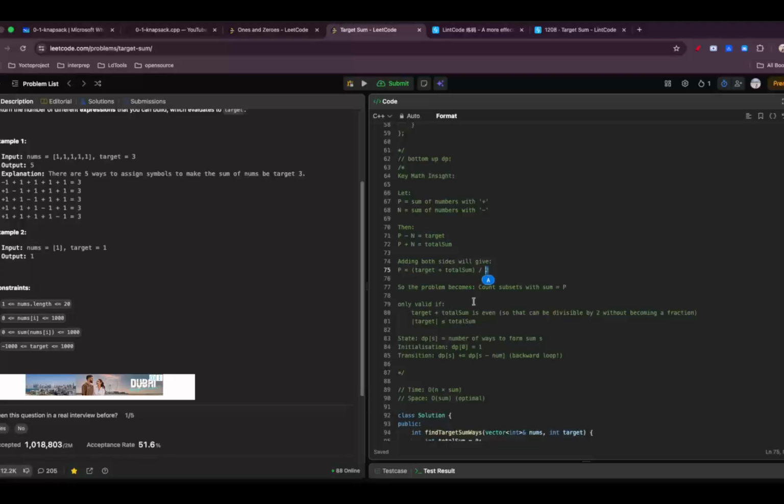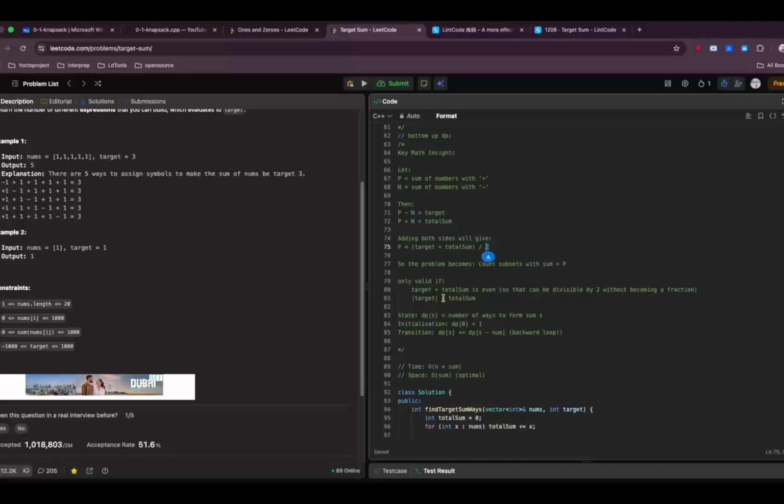That is one condition, so that becomes one of our base cases. Another is that the target should be less than or equal to the total sum, and that also the mod. Because if by chance it becomes negative and we divide by 2, we get p equals minus something, and p is actually the count, and a count can't be negative. So this condition should also be valid. These two become our base cases.